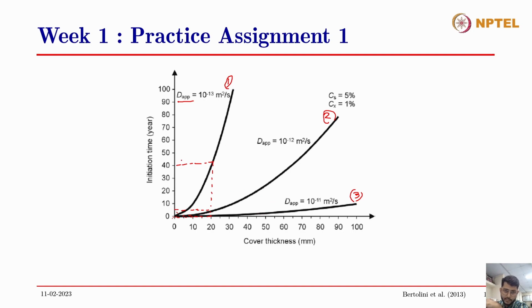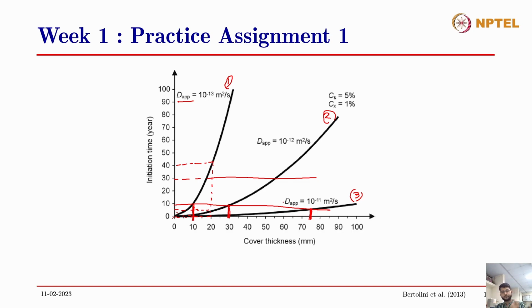Now, if you take the initiation time to be a constant value, around 10 years, we'll find that the concrete with the lowest diffusion coefficient will only need a cover thickness of 10 mm, compared to the mediocre diffusion coefficient curve 2, which will need around 30 mm, and curve 3, which will need around 75 mm.